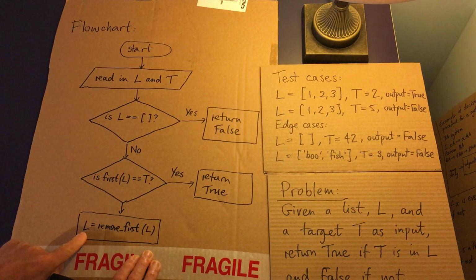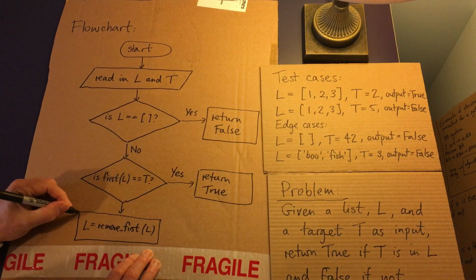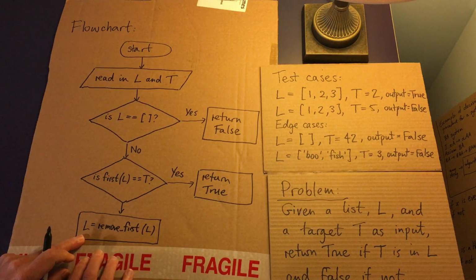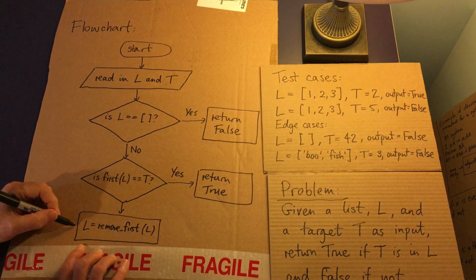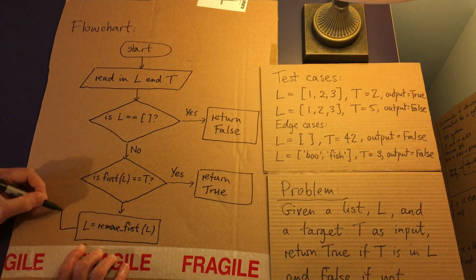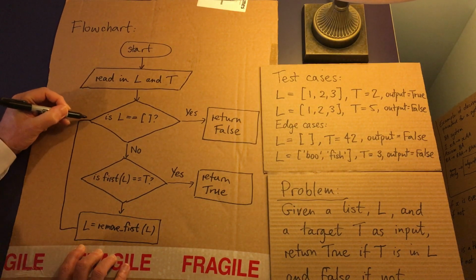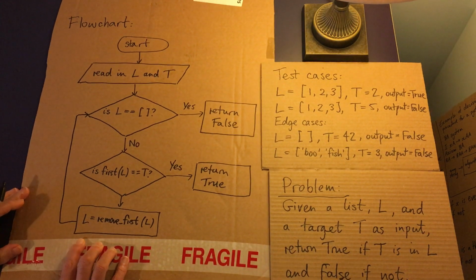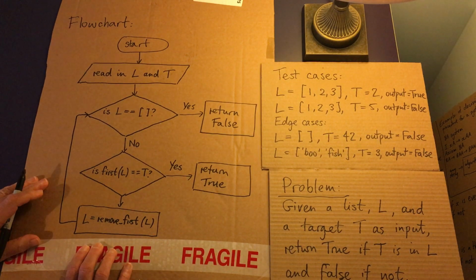And this assigns that new value to L. So that line there removes the first element of L. After I've removed the first element of L, what do I need to do? Well, I need to check to see if L is empty again, because having removed the first element, it might be empty now. So I go back to here.